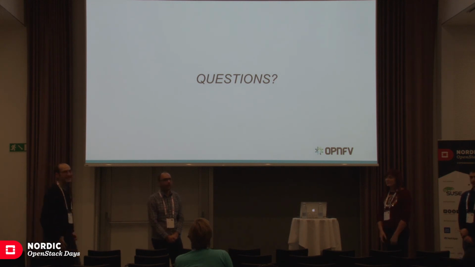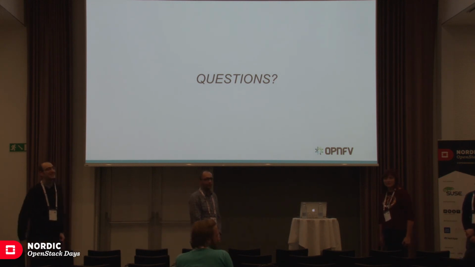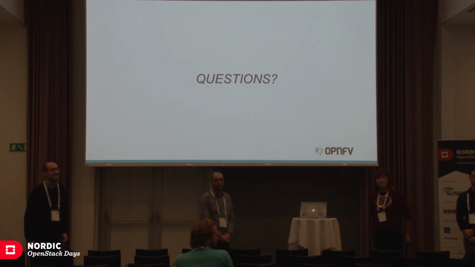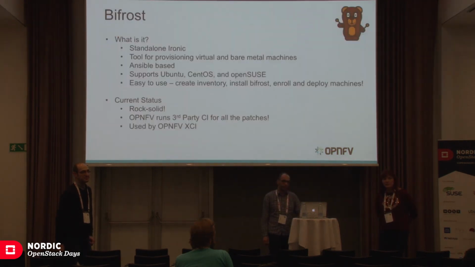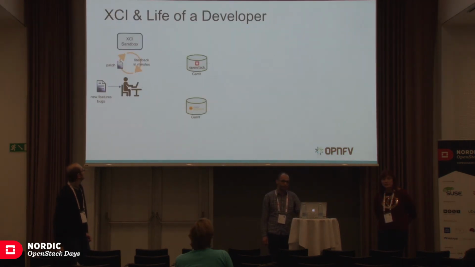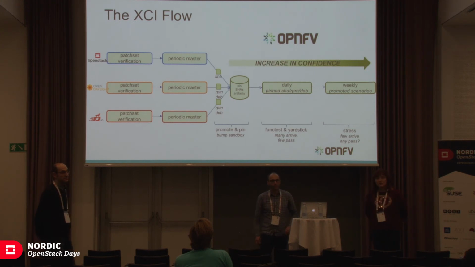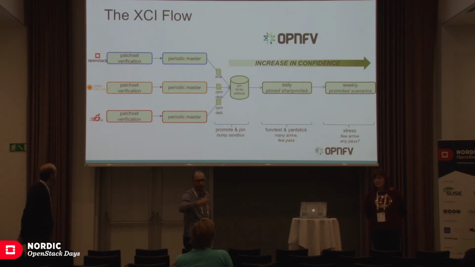You mentioned that you are not pulling the upstream things to your CI system. Are there any plans to push feedback to upstream? Yeah, we actually do that for Bifrost, for example. We hook into OpenStack Gerrit, and when a Bifrost patch comes in, we start jobs in OPNFV CI, and we report back to OpenStack Gerrit directly to the patch, saying OPNFV CI started running patch set verification.